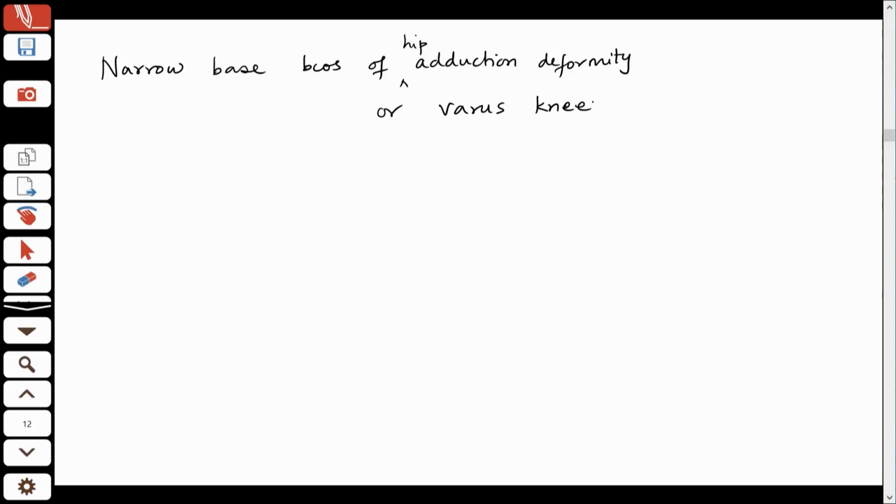And this could cause, so if you have a varus knee, then your swing phase could be affected, because if you look from the transverse plane, you are crossing the path of the other. So, you have what is known as a scissoring gait, and this is frequently seen in children or people with cerebral palsy.